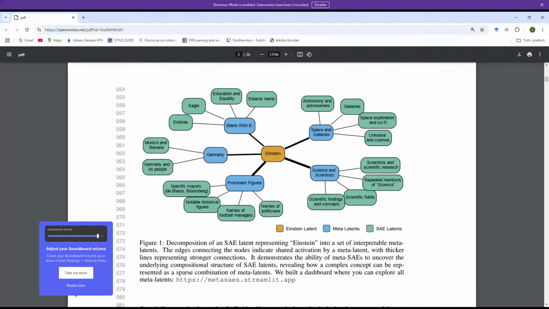And here they're showing that these latents, or these features, are not really atomic, and that you can decompose them even further. And after the atoms, you go to the electrons and the neutrons, etc.